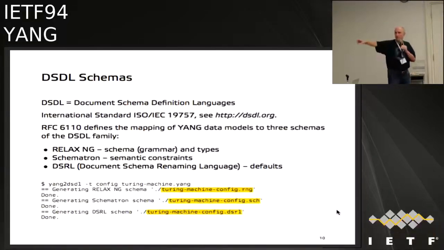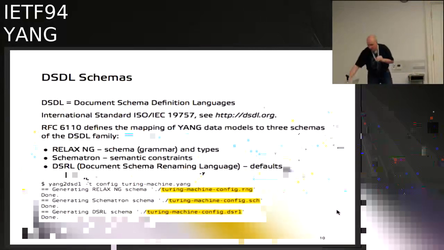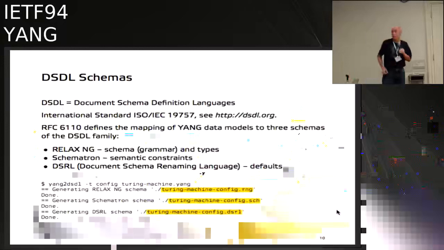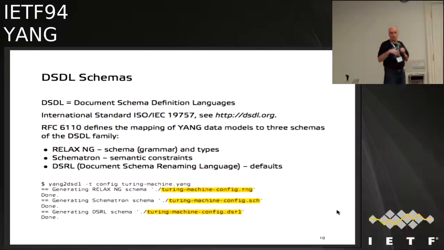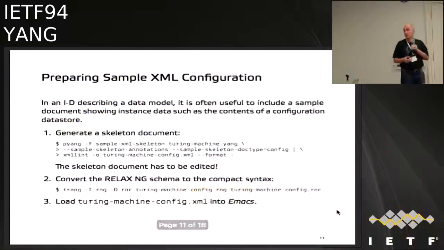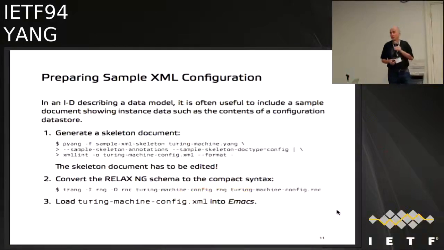And here you can see the three schemas are saved in files, and their names are on the right. If we generate these schemas, we can use them for editing a configuration, for example a sample configuration.